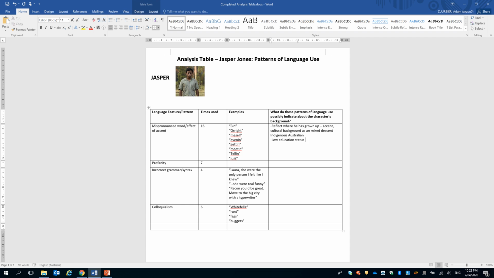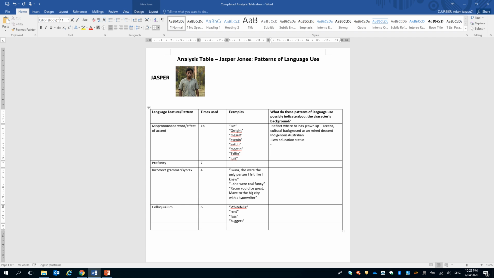We know that in that time and place, Aboriginal children often were not educated in the same way as children from a European background were. We also know that in the 1960s and before that time in Australia, Aboriginal children were quite often given inferior education, and many were institutionalised during the stolen generation as well. So his mispronunciation of words and his accent may reflect a low education status.